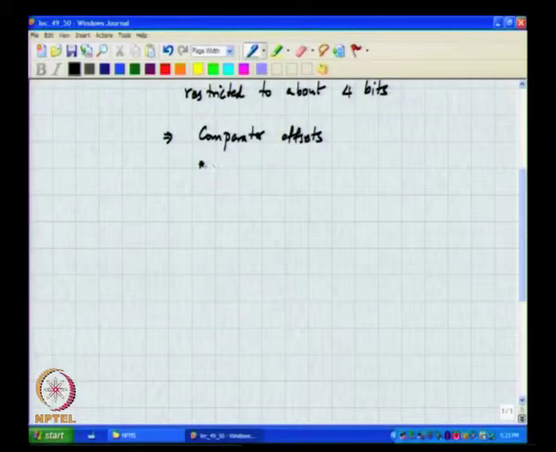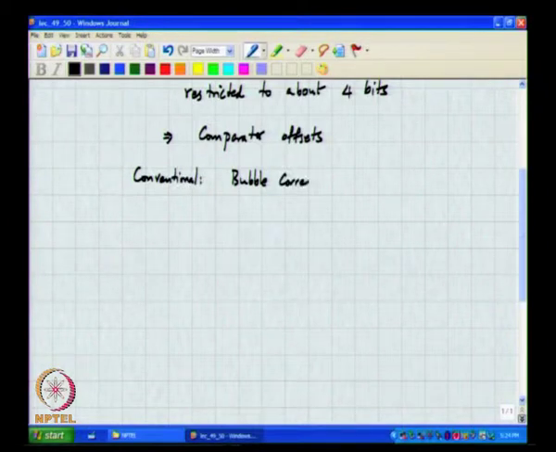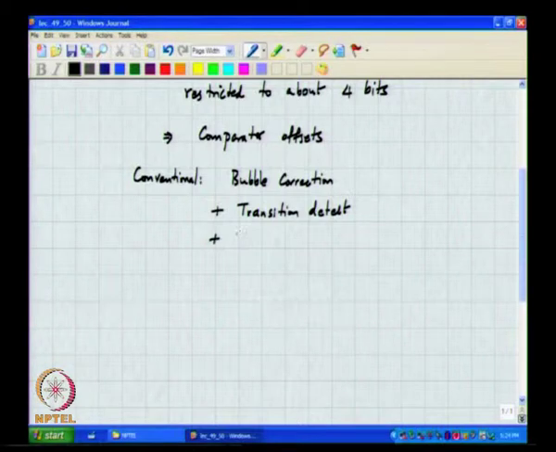So, what one normally does is you have the comparator array, you have bubble correction, plus transition detect, plus decoder, okay.